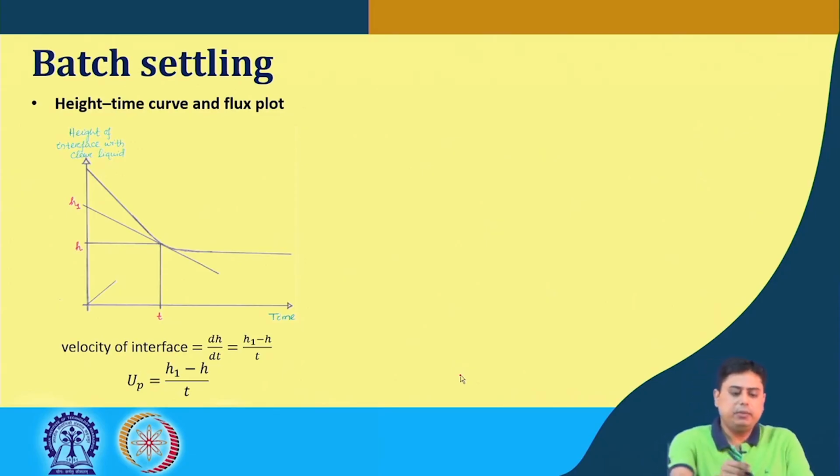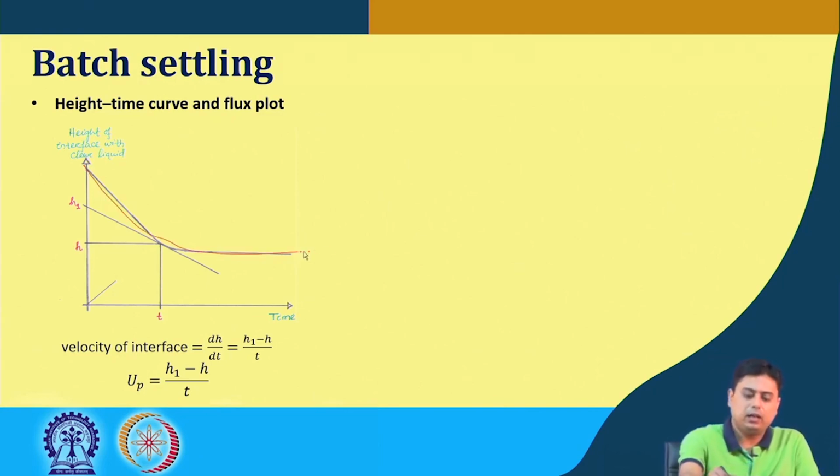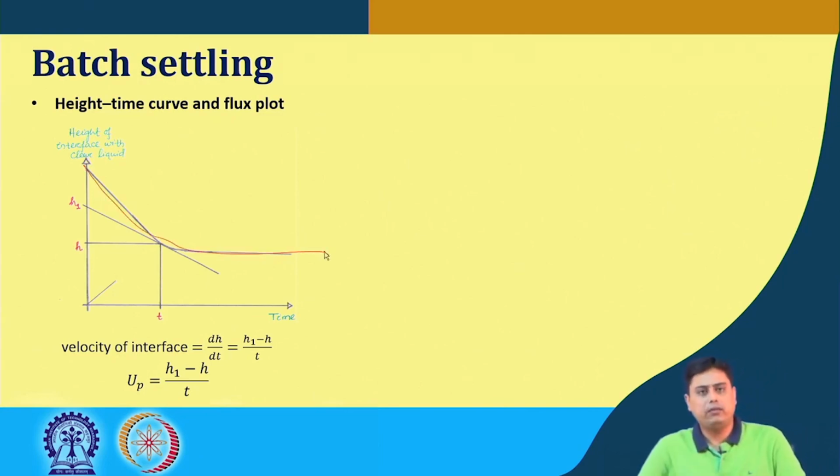Let us say this is the typical curve that we have got from a suspension at a certain time t of concentration C, and we have observed the height from the bottom of the vessel to be h.